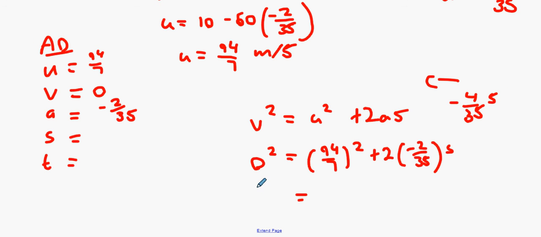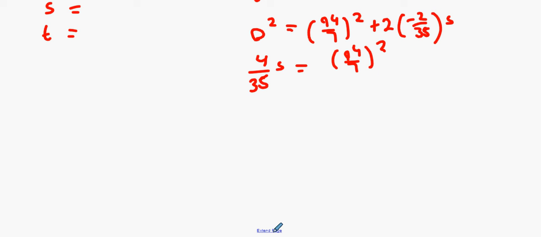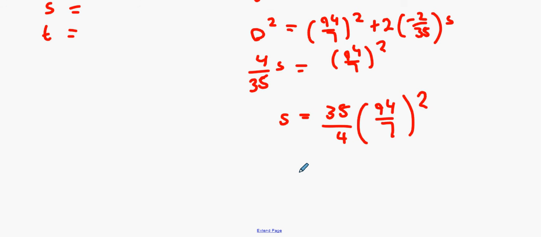So you're going to get 4 over 35 s equals 94 over 7 squared. See that 4 over 35? So s will equal, multiplication on the left makes a division on the right. You throw all that into the calculator and you get an s value. I got an s value of 1,578.